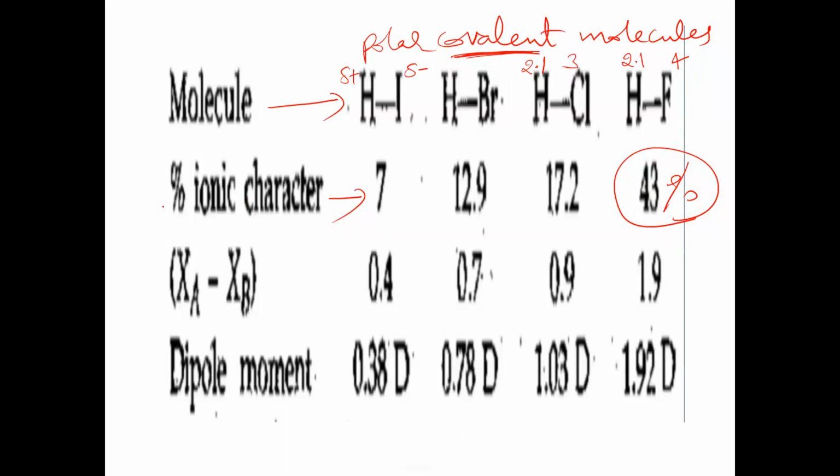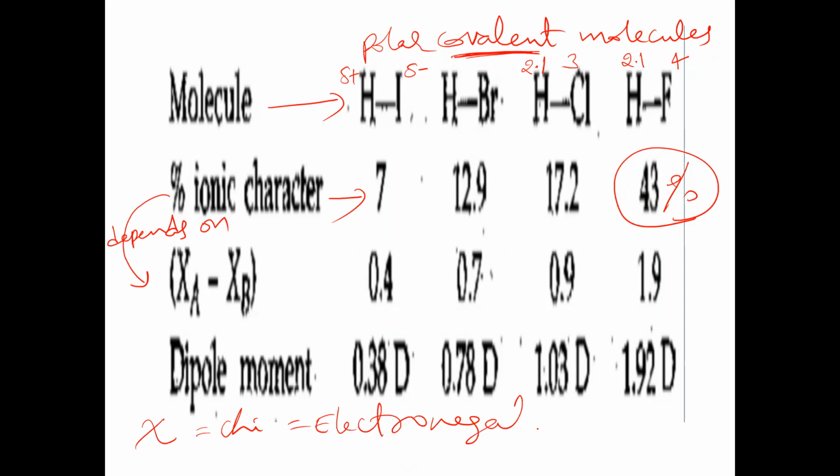Why ionic character? This percentage of ionic character depends on the chi A minus chi B value. Chi indicates what? Electronegativity. So the electronegativity of an element is generally given by chi.